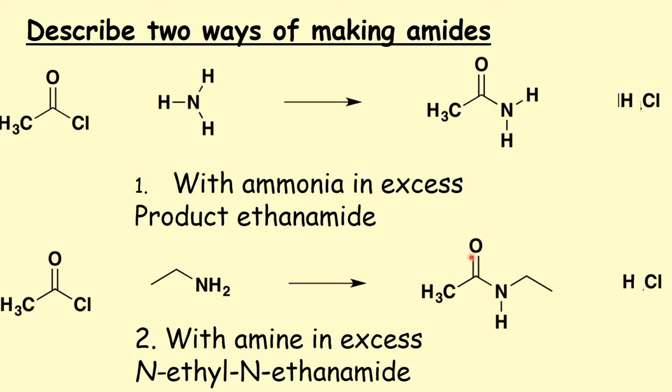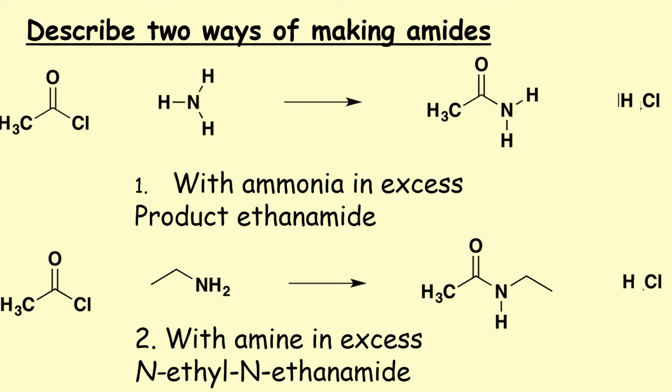So you've got ethanamide, where the carbonyl group takes priority. If you start with the carbonyl group, it's 1, 2. So it's ethanamide with the amide there. Then you've got the branch, which is N-ethyl, 2 carbon atoms. Remember, the end of each line is a carbon atom each. N-ethyl ethanamide is your product.